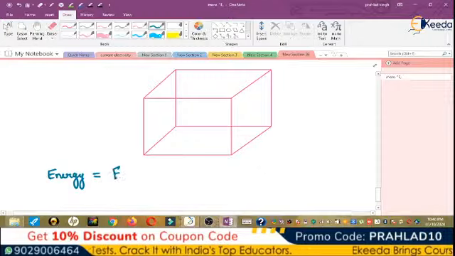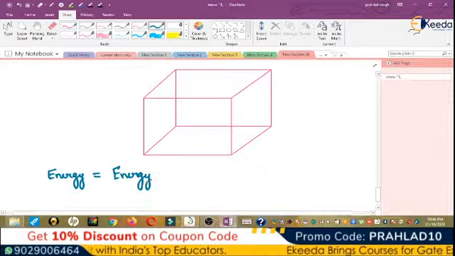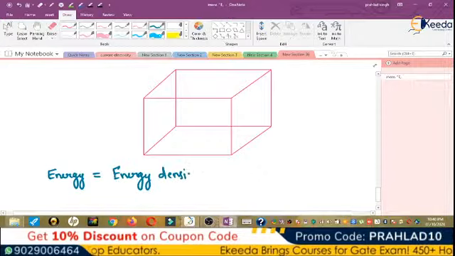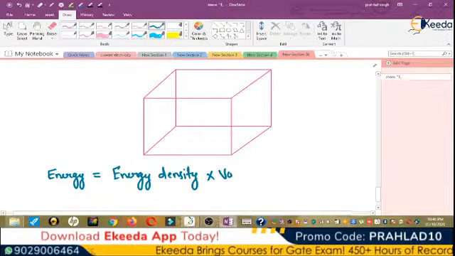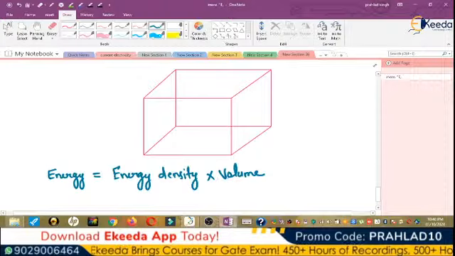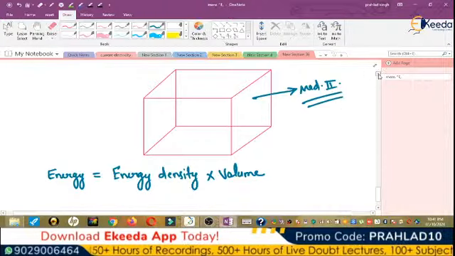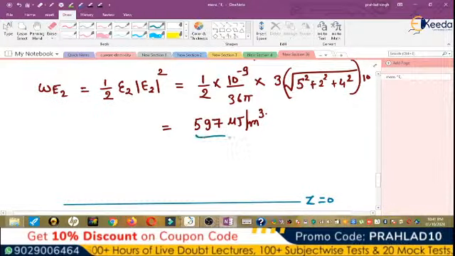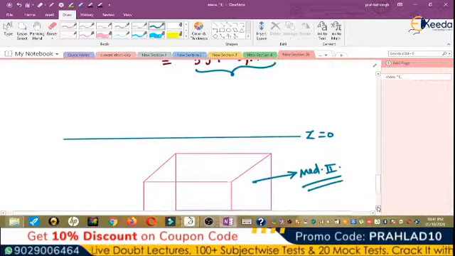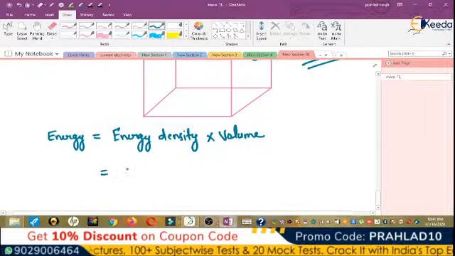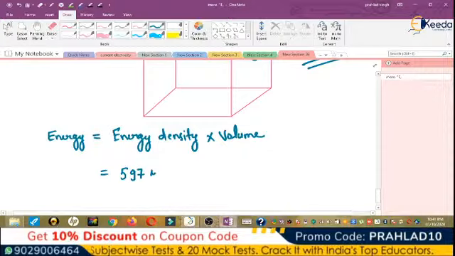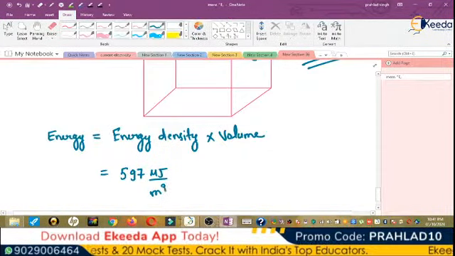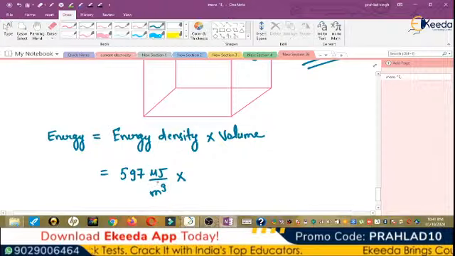So energy is equal to energy density into volume, right? So this cube is in medium 2, so we'll use the formula in medium 2. So what is the value in medium 2? It is 597 microjoule per meter cube, into volume of the cube, which is 2 cube, that is 8.